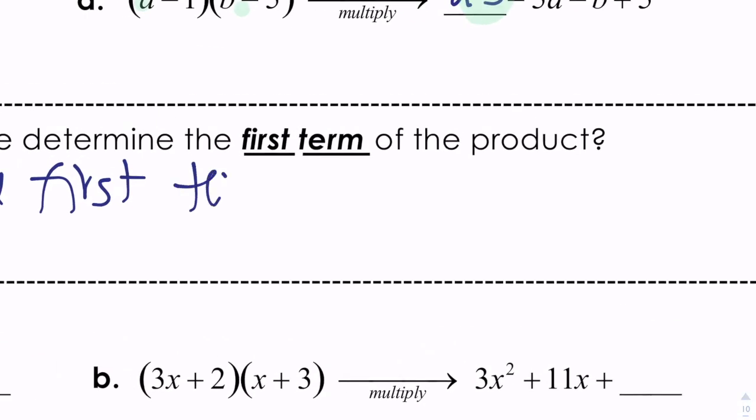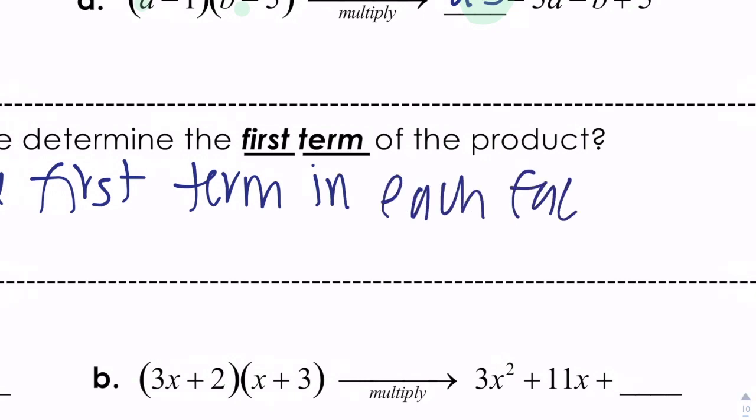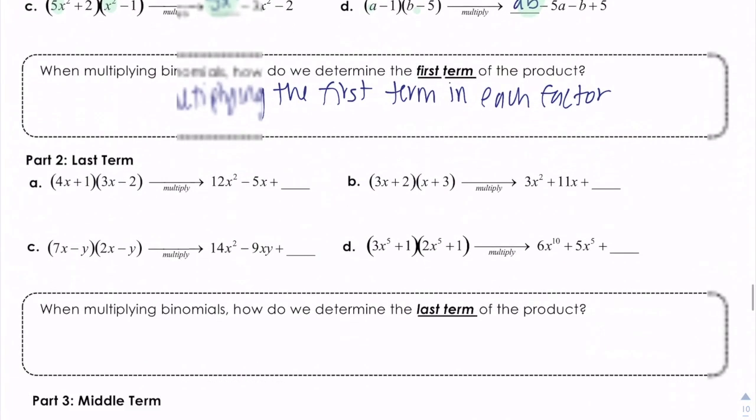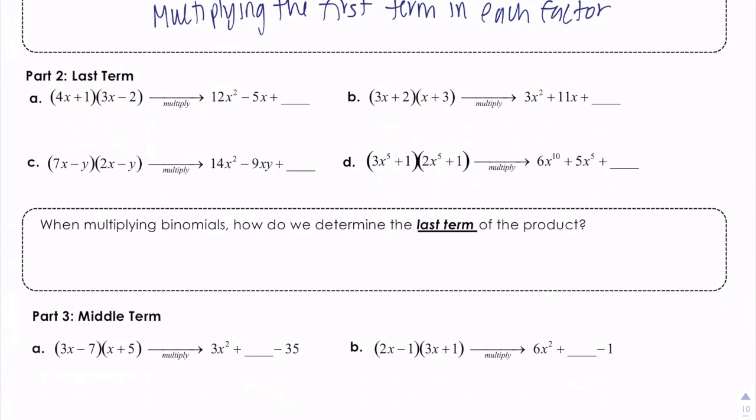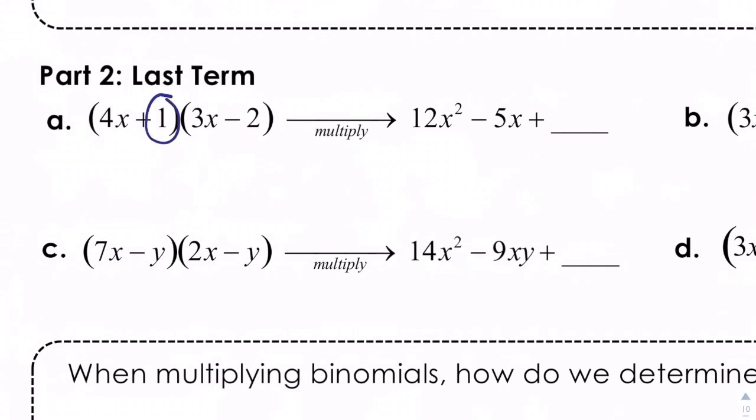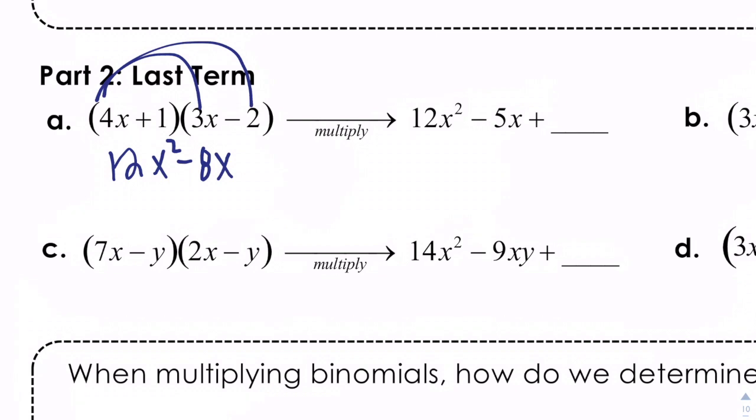You should write that along with me. Okay, so that's one of our rules. The last term seems like it comes from, let's see, if we were to multiply this whole thing out, 4 times 3 is 12x squared, 4 times negative 2 is negative 8x, 1 times 3 is 3x, and 1 times negative 2 is negative 2.